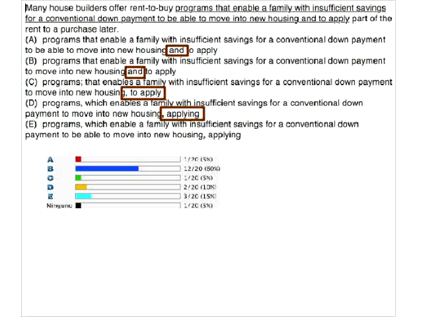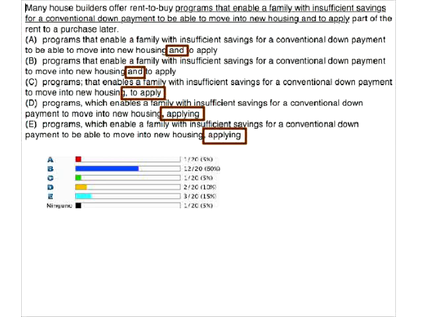But let's look at these two ideas again. What are the two ideas that are connected? Well, it's two things that the program lets families do. The number one thing that it lets them do is be able to move into new housing. Or just move into new housing. It depends on which choice you pick.